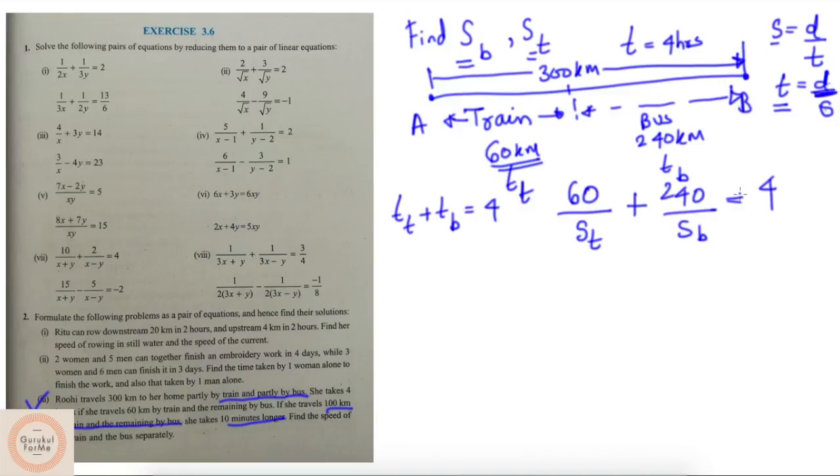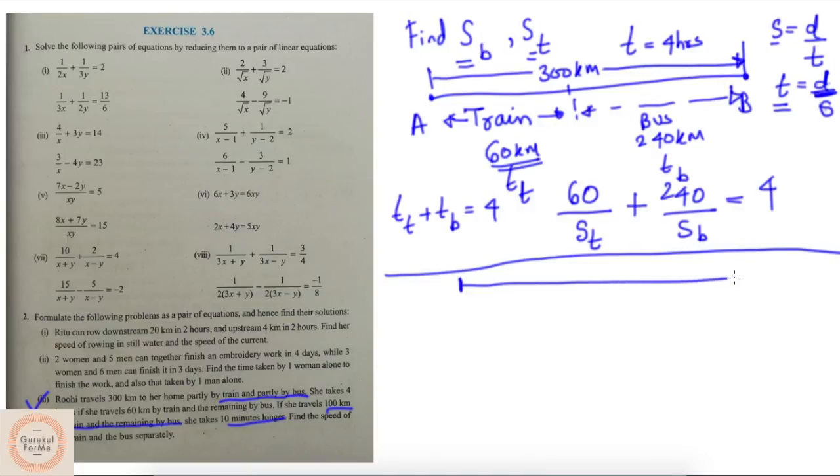Okay. Now, let's look at scenario number 2. So, we got some equations here. In scenario number 2, what she says is, she goes from A to B. If she travels 100 kilometers by train, right?